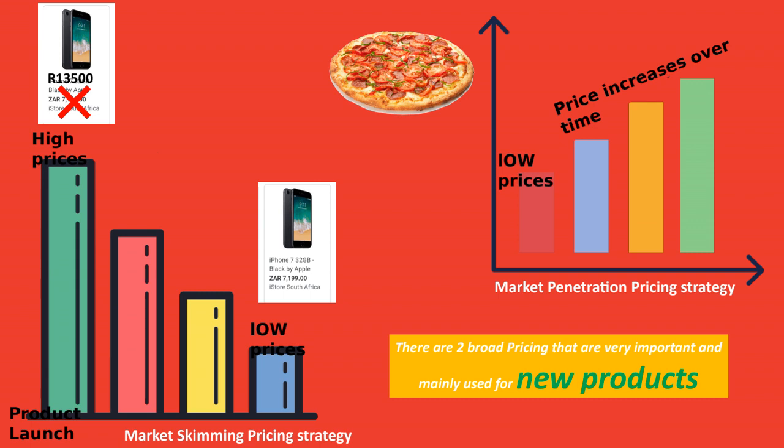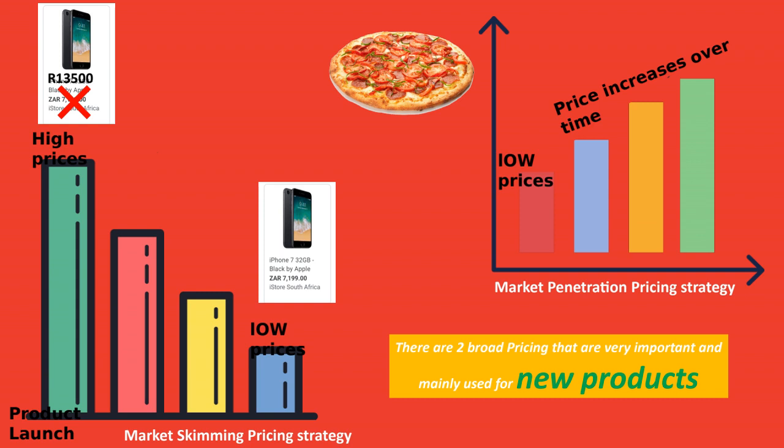On the left-hand side of the slide, we have what is called a market skimming pricing strategy for a new product that comes into the market. Let's use Apple, because my goodness, they are the best market skimmers on planet Earth.